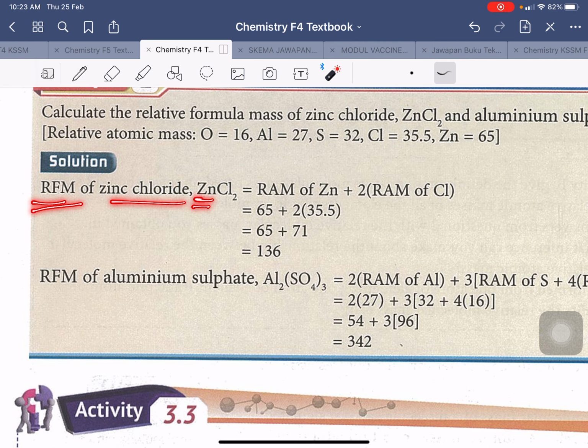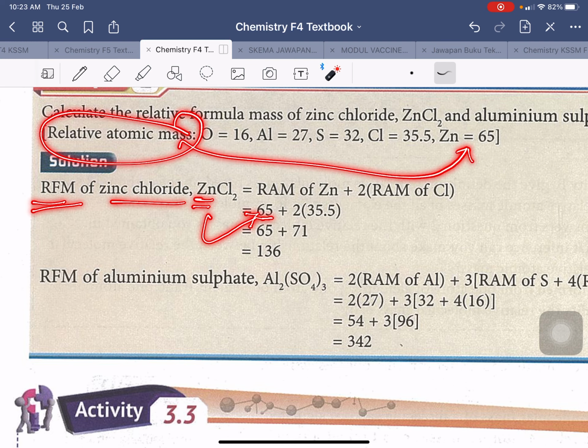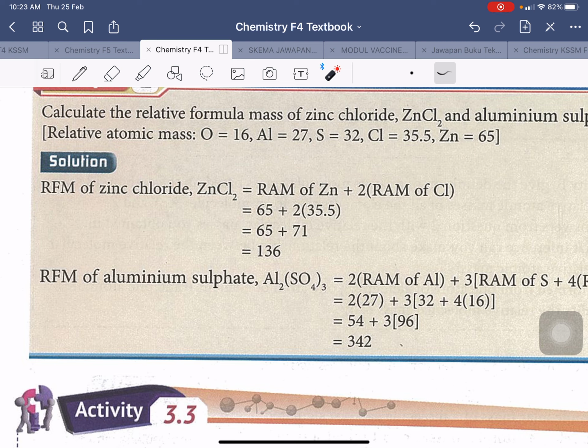Zinc ada berapa biji? 1. Jadi tulislah 65. Dari mana cikgu dapat? Sekali lagi daripada RAM in your buku teks muka surat 276. Kenapa I just write 65 here? Because 1 saja kan? Ni 1 saja. Tapi kalau ada 2, if there are 2 atoms of chlorine, so you need to put 2 in front and put a bracket. What you put inside the bracket adalah RAM.